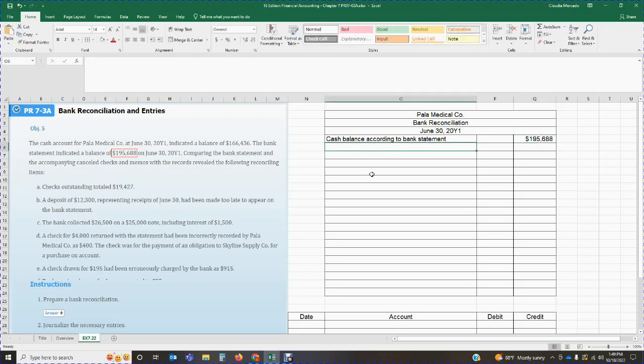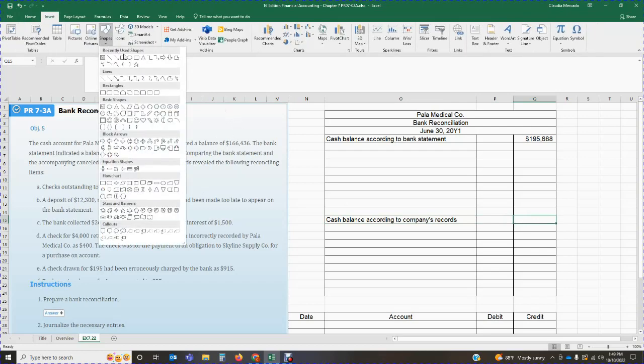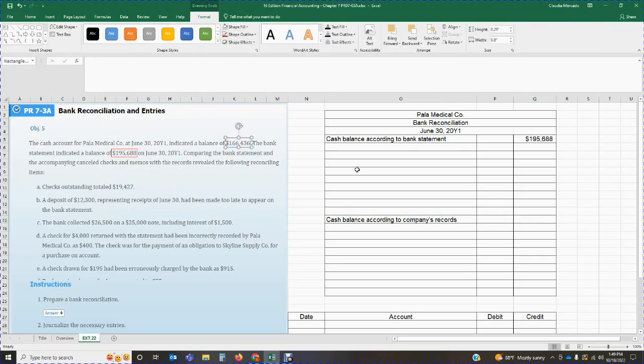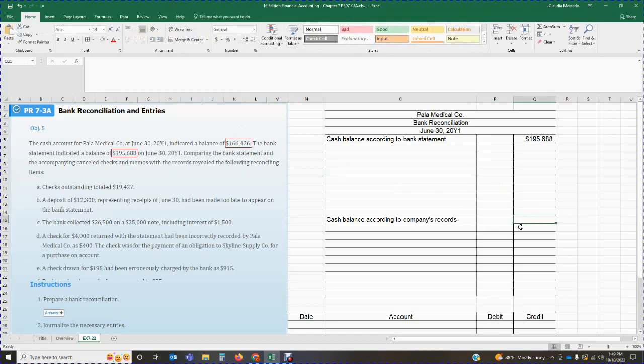Then the other piece of information I have is my cash balance, the cash balance according to the company's records. So according to my company records, it indicated we had a balance of $166,436. Okay, so that is my company's balance. That is my starting point. So those are my two beginning balances for my bank and for my company.